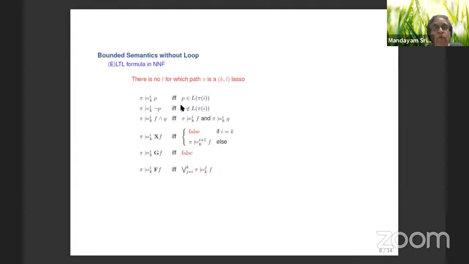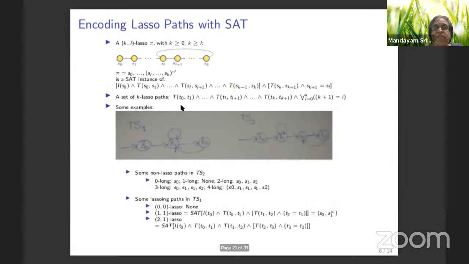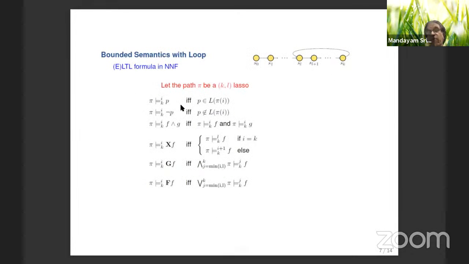Just like when we defined the standard semantics on an infinite path, satisfaction on an infinite path is expressed recursively in terms of satisfaction of a suffix of that original path starting at some I. So that's why this definition is also defined in terms of I. There is another parameter, K. This defines the bounded satisfaction of a particular formula on the suffix of path pi starting from I. That's how it is defined, so that it can be used recursively.